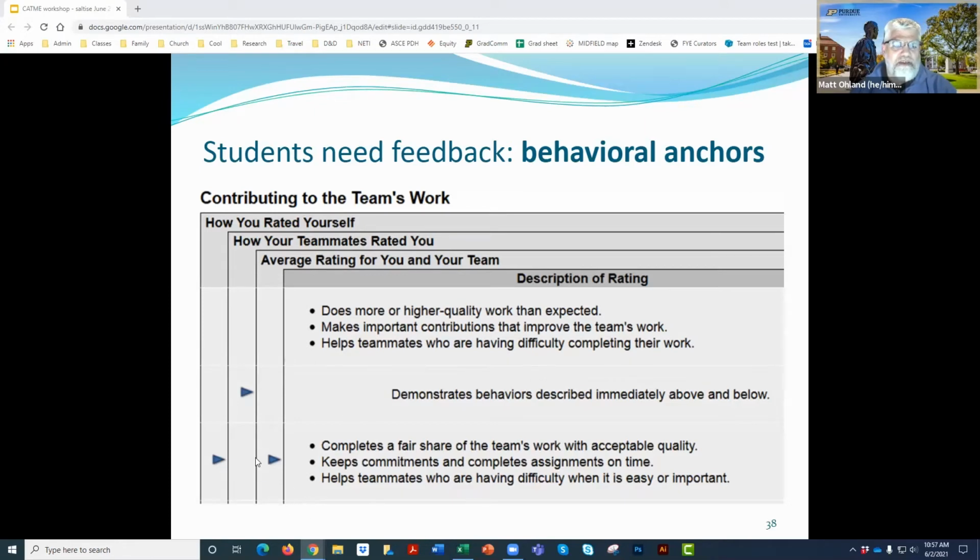In this particular case, the student receives the feedback in the third column that the average rating on effort for the team was in the middle of the scale, which is to say meeting expectations, because I've only shown part of the scale here. So this is actually very positive feedback for the student, right? You said you were meeting expectations. The team on average is meeting expectations, but the team acknowledged you as exceeding those expectations. So that's a congratulations, yay.